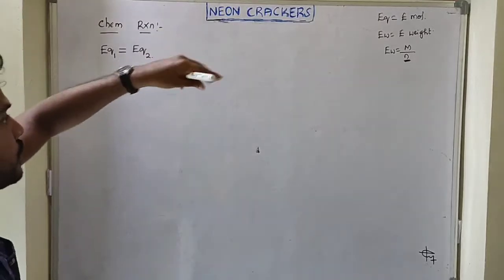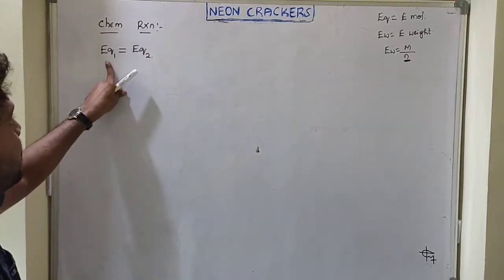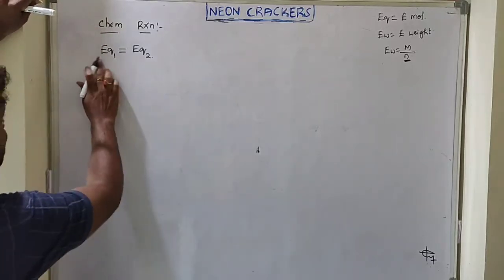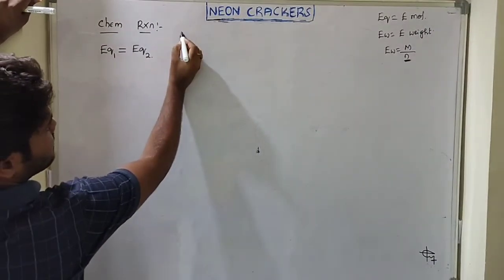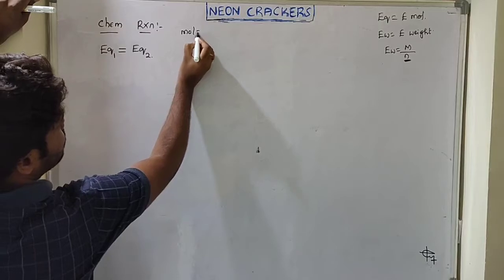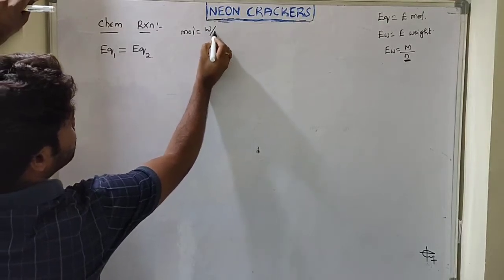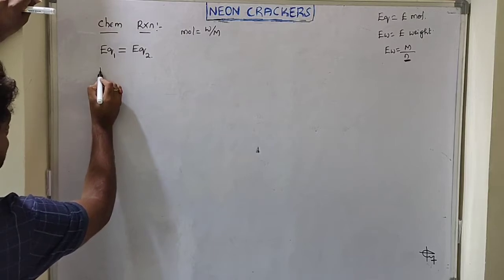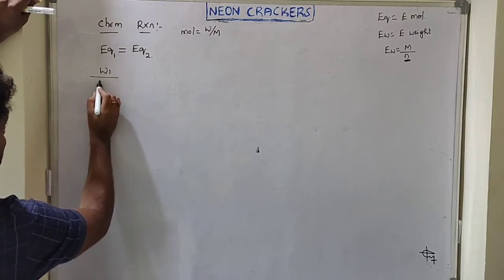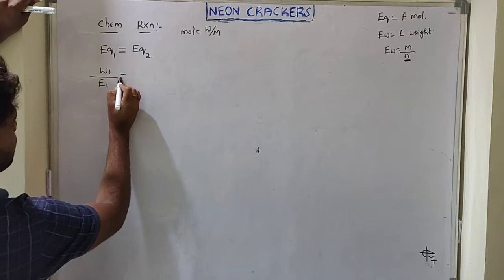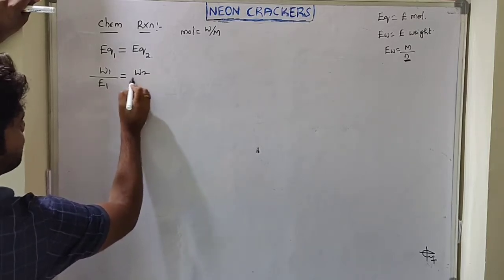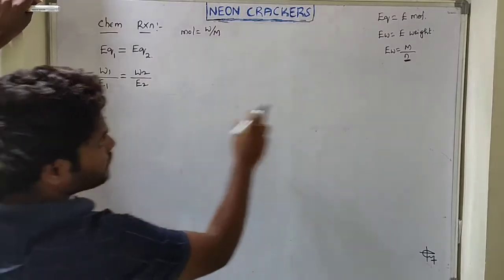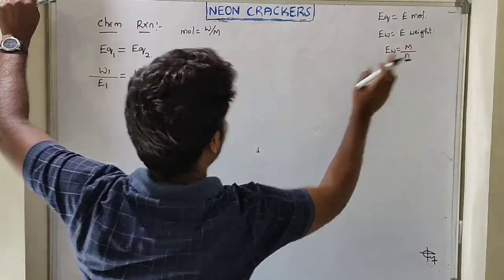Before that, we must know equivalent weight and equivalents for a substance. What is the mole equation? Moles equals given mass upon molar mass of the substance. Here also, equivalents equals weight of the first substance upon equivalent weight of the first one, equals weight of the second one upon equivalent weight of the second one. And equivalent weight is molar mass upon N factor.